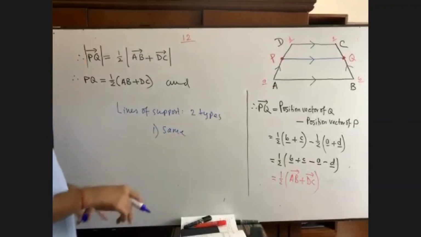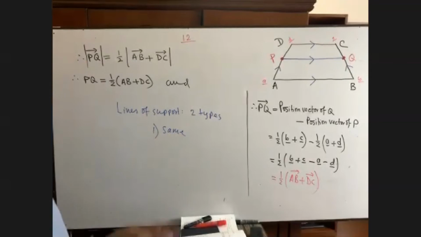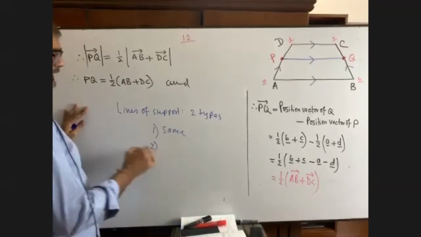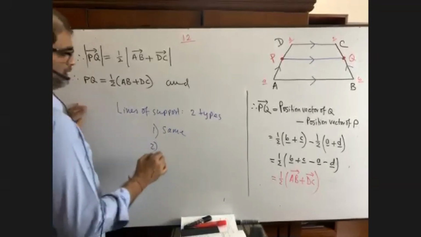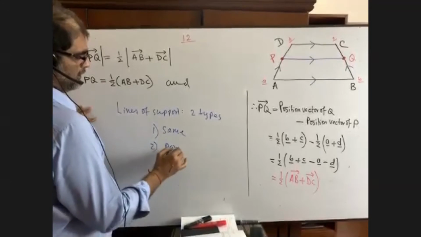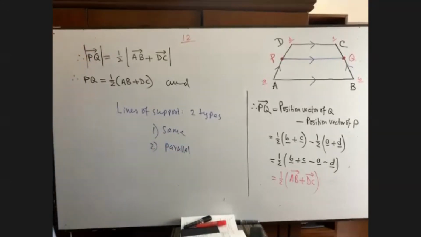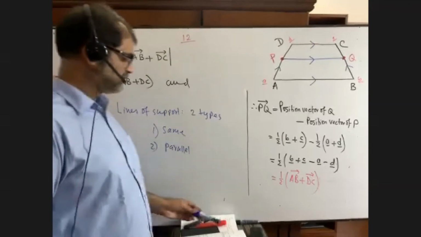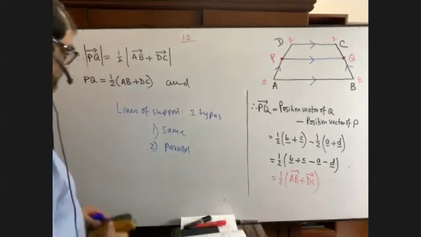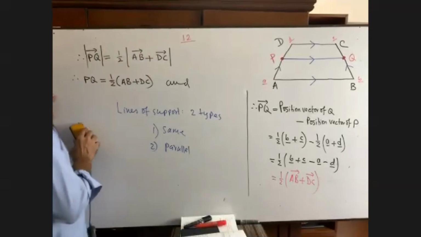Suppose you are on the bus, you are getting support of the bus. If bus is moving, you are in a moving condition. And another, they are parallel. They may be same or they may be parallel. It is called lines of support. I think you have copied it.